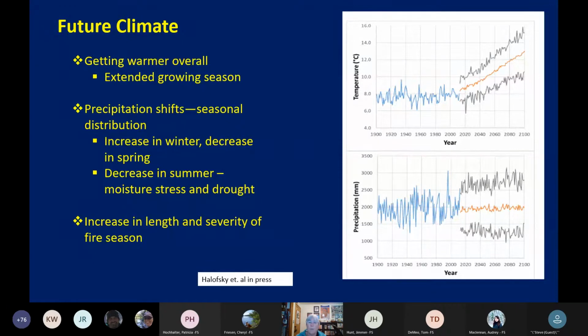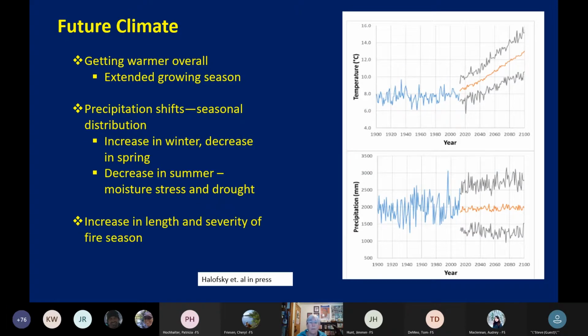And as you can see from the lower panel, which is looking at annual precipitation changes through time, total precipitation doesn't appear to be shifting too much. However, there are going to be seasonal shifts in precipitation, with an increase in winter precipitation and a decrease in spring, and especially a decrease in summer precipitation, which we don't have very much of to begin with.